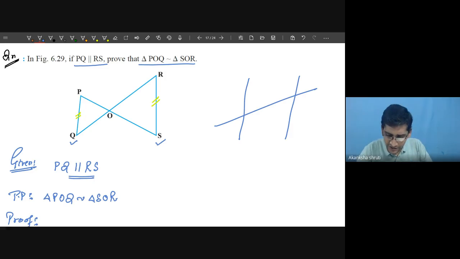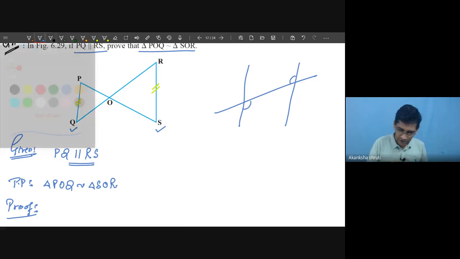We can write that the alternate interior angles are equal. So between the two parallel lines, with the third line a transversal, the alternate angles will be equal. So considering PQ parallel to RS, we can mark the alternate interior angles in the figure. So that's why copying the figure in your notebook is very important. So let me also copy it quickly.